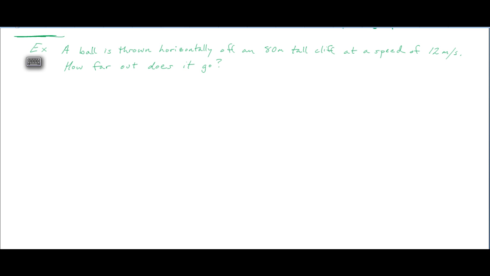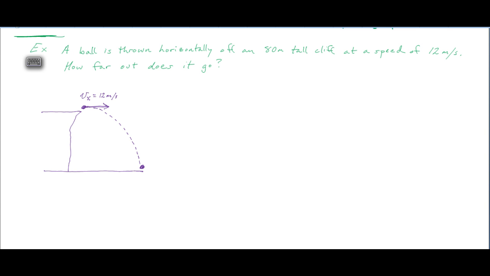So again, I'm going to start with a nice clear diagram, label everything on the diagram that I know. I know that it's thrown with an initial speed of 12 meters per second. It's going to go out and down.